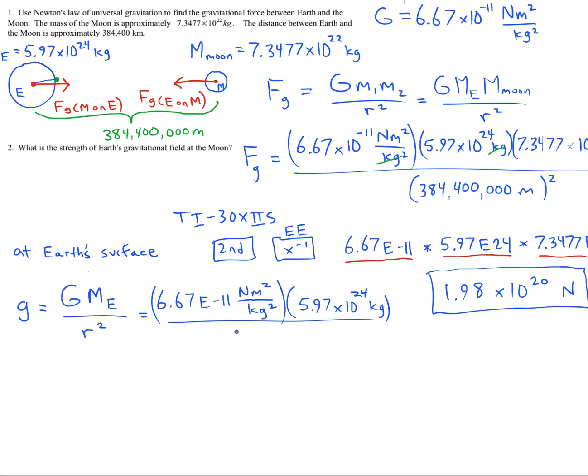And then we'll divide by Earth's radius, and then square that. So the value of g at Earth's surface, according to Newton's formula, is 9.81.